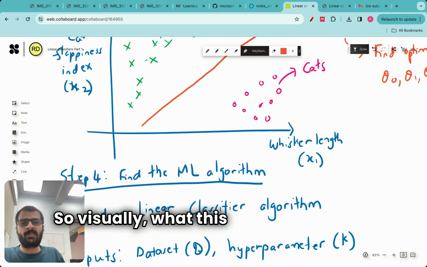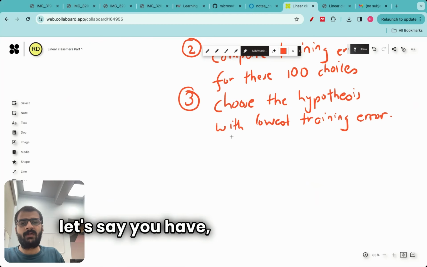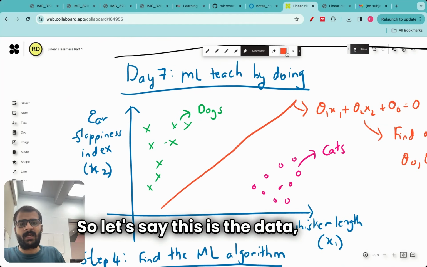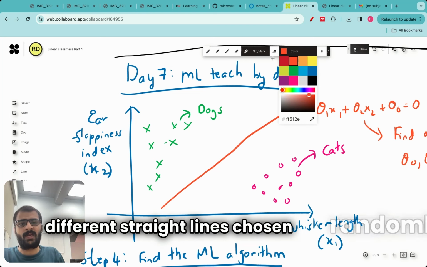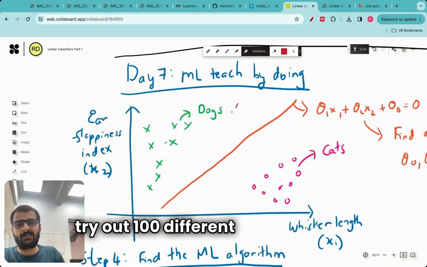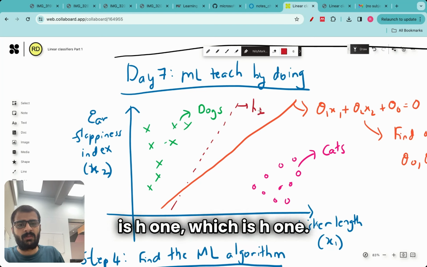So visually, what this algorithm says is, let's say I draw here itself, this is the data. You can try out 100 different straight lines chosen randomly. Maybe this is the first line, which is H1.